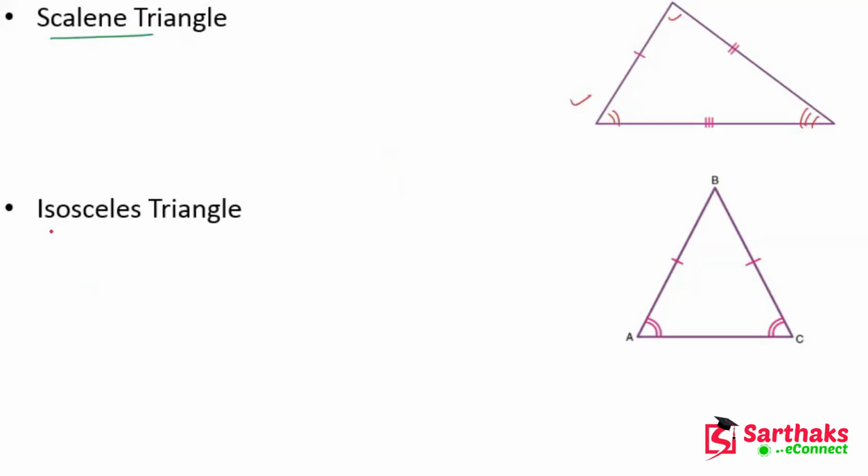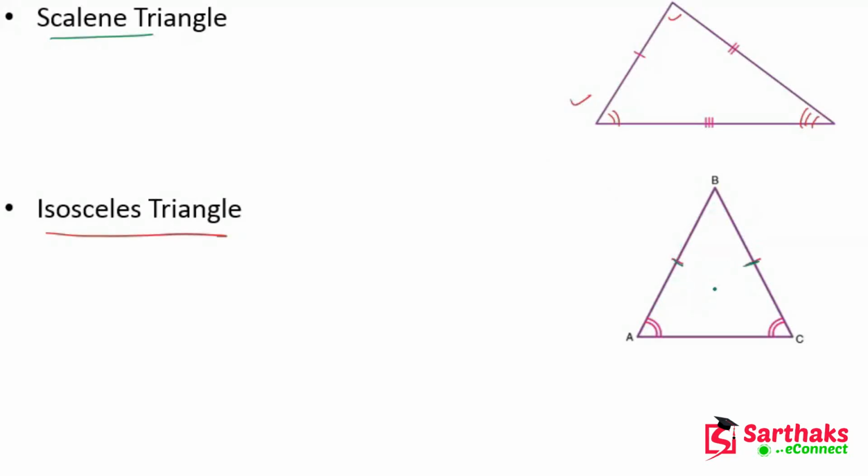Got it? Now if we talk about isosceles triangles, what is an isosceles triangle? In an isosceles triangle, two sides have equal length, and the two angles opposite to the equal sides are also equal to each other. Let's suppose BA and BC are equal in length.